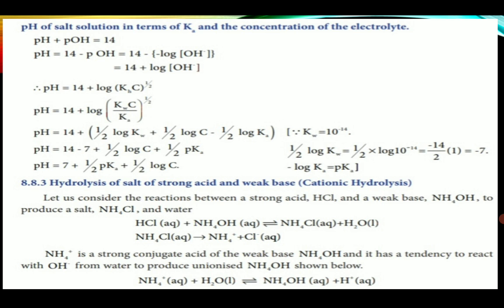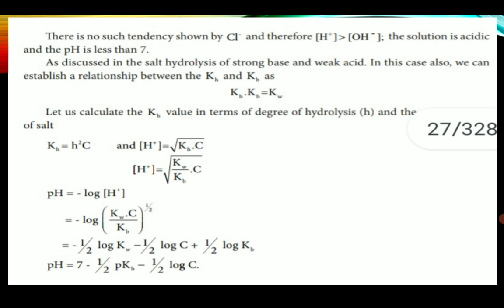So what is pH? pH is minus log of hydrogen ion concentration. So minus log of Kw by Kb C whole power of half.